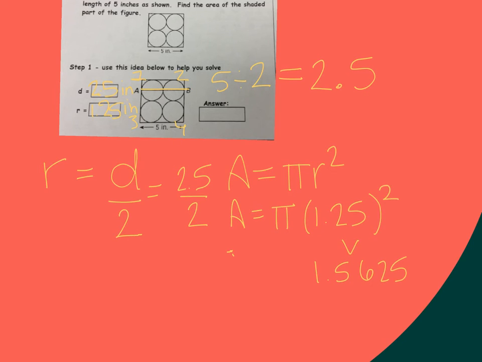And we're going to keep that whole decimal. And now it tells you to use 3.14 for pi. So I'm going to substitute in 3.14. So the area of one circle is equal to 3.14 times 1.5625.